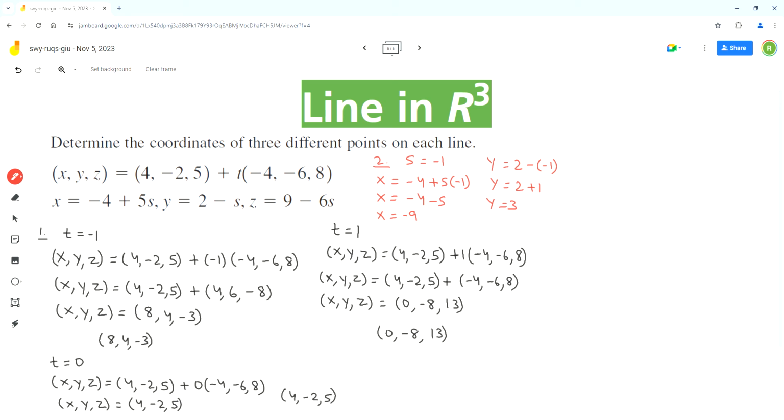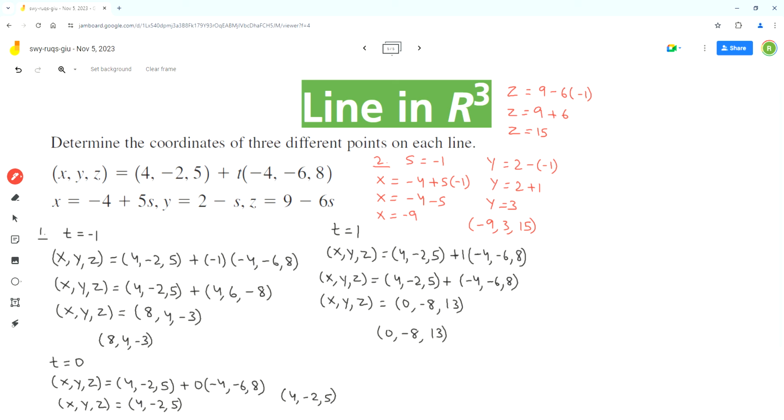Now we can do the same for the z equation. I get z equals 15. So the first point that lies on this line is -9, 3, 15.